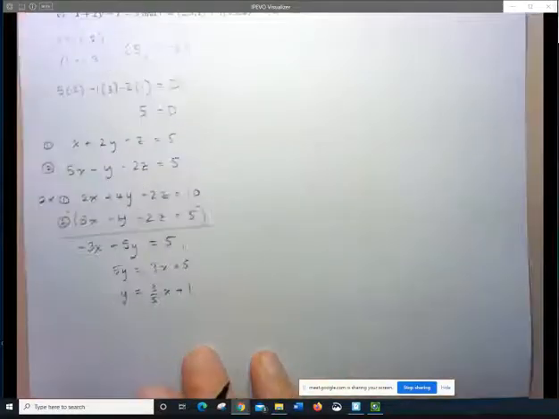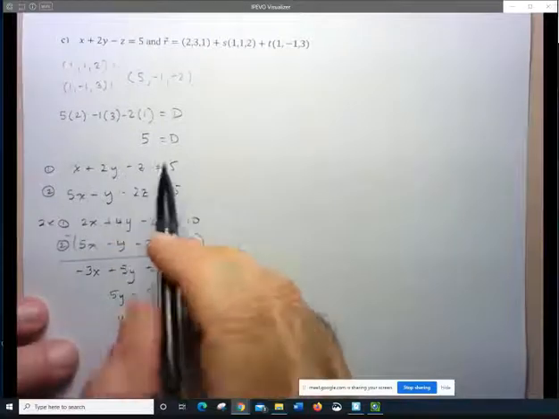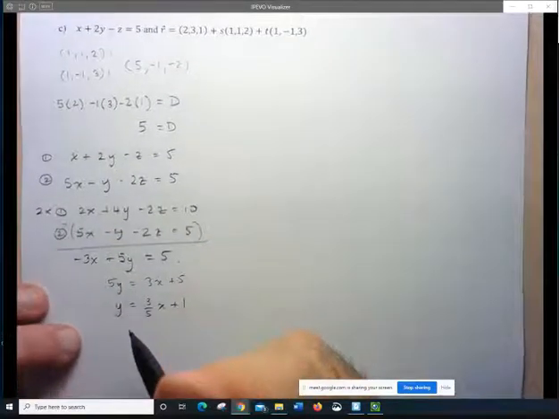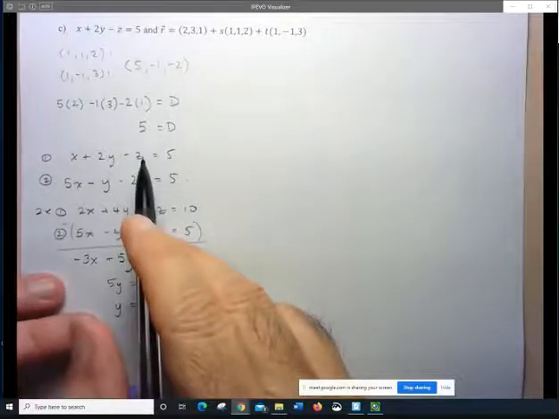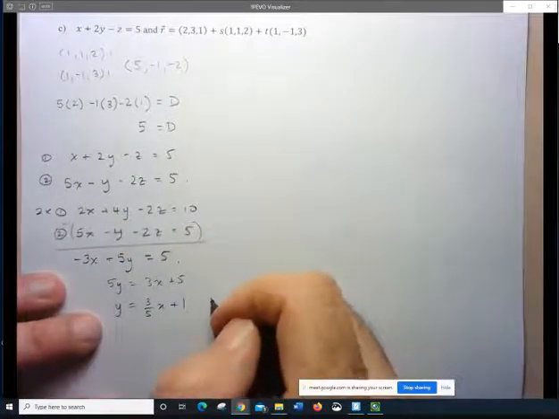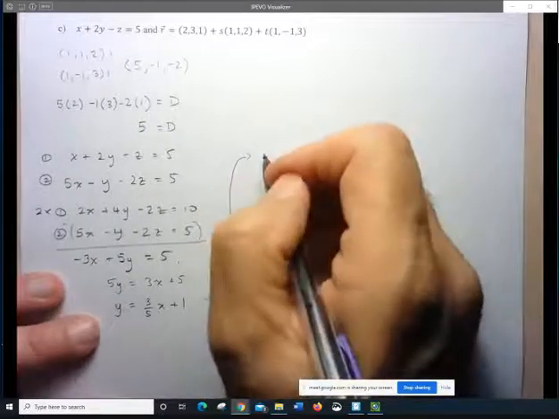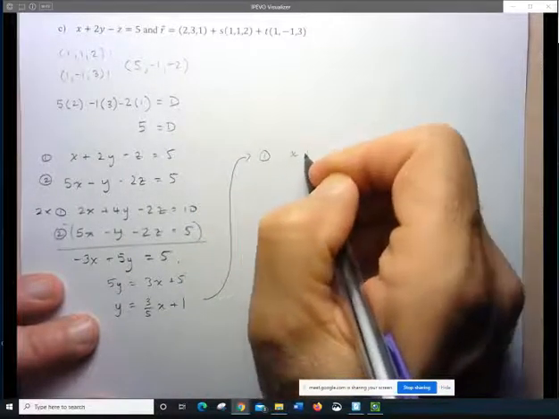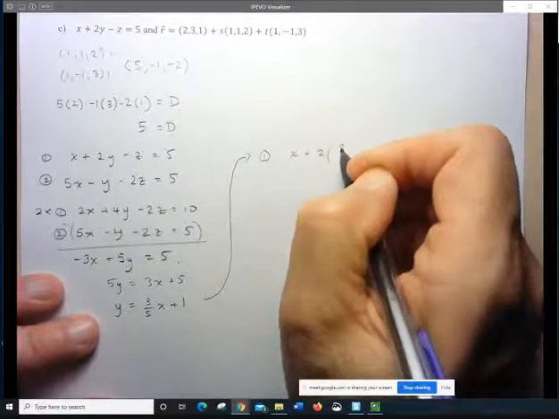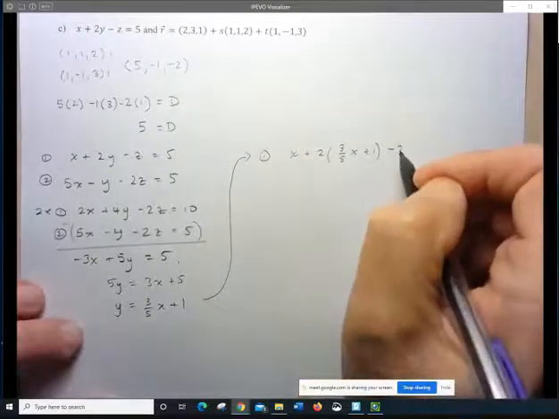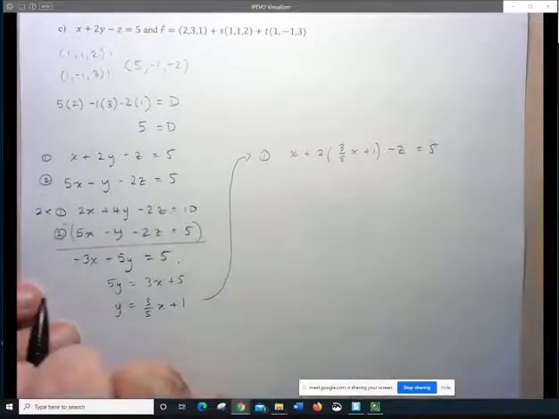Now I'm going to take this and input it into one of the equations. I guess equation 1 looks a little nicer, not that it makes a big difference here. So x plus 2 times y, which is 3 over 5 x plus 1, then minus z equals 5.